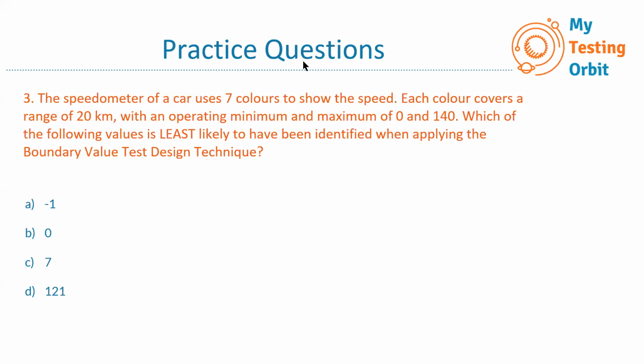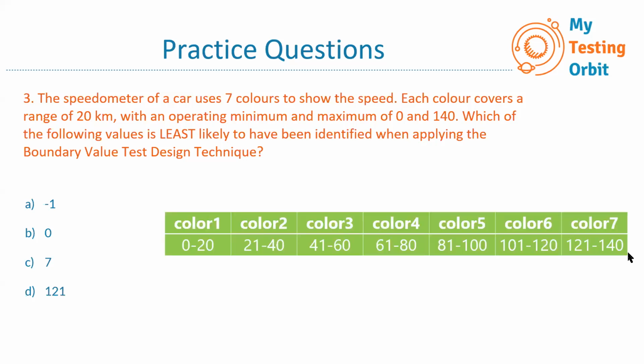Okay, so let's go through the working out of this one. I have done it in this way, but you can do it whichever way you want. The question said it has 7 colors. So we have divided into 7 colors, and each color covers a range of 20 kilometers, which means the first color may be 0 to 20, then 21 to 40, until 121 to 140.